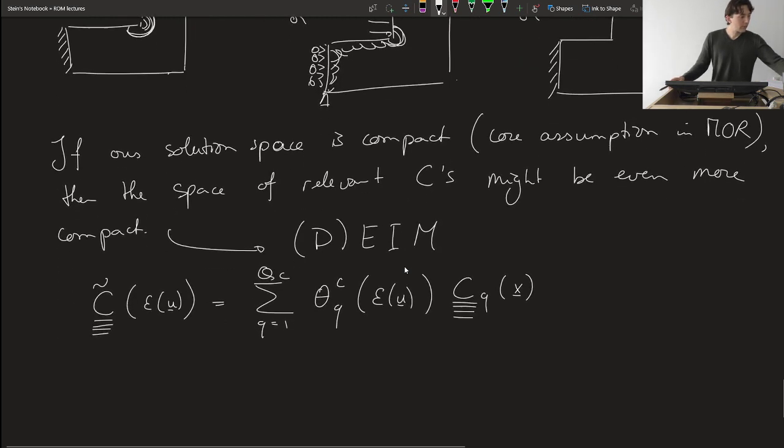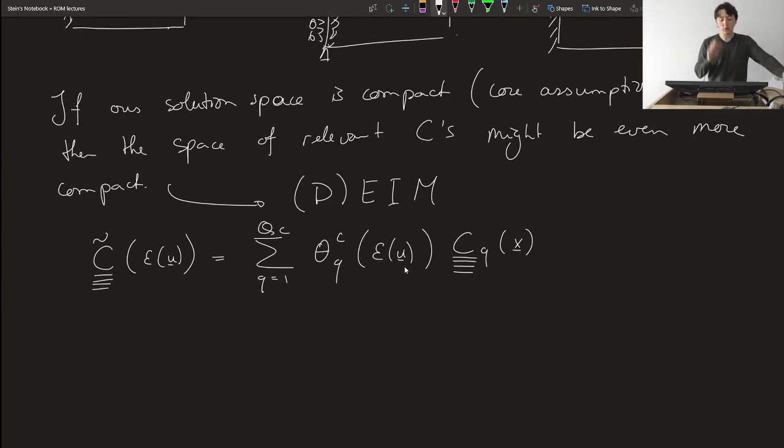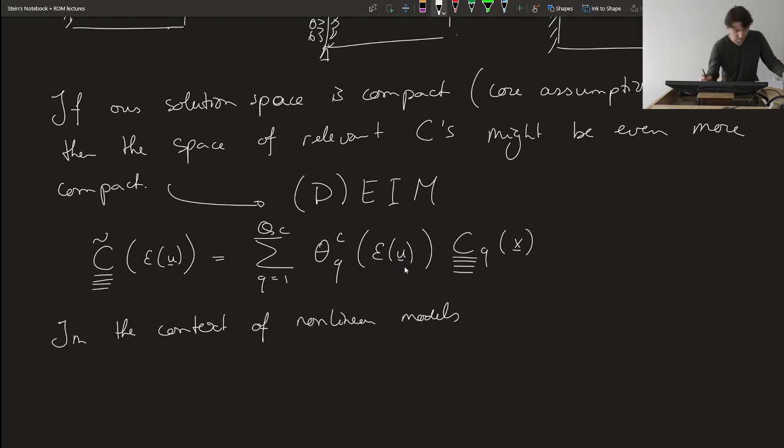Okay, now that's pretty much all I wanted to say. Let me, however, also point out that in the context of nonlinear equations, the discrete exterior interpolation method is often referred to as a hyper-reduction method. So in the context of nonlinear models, this is called hyperreduction.